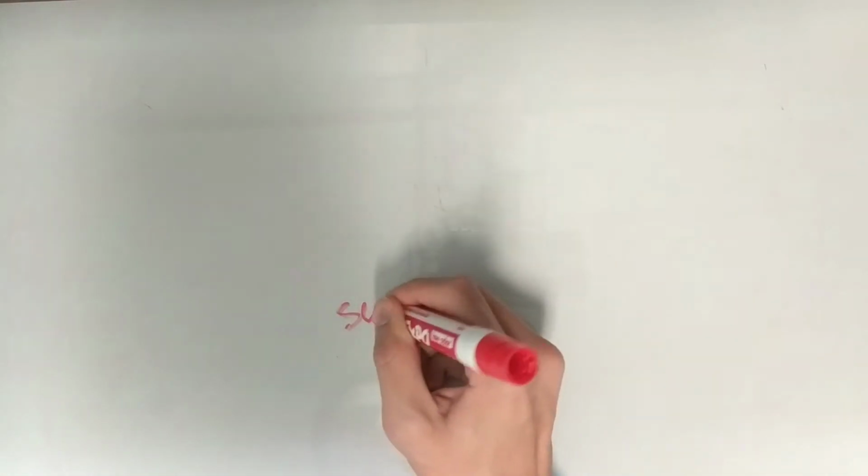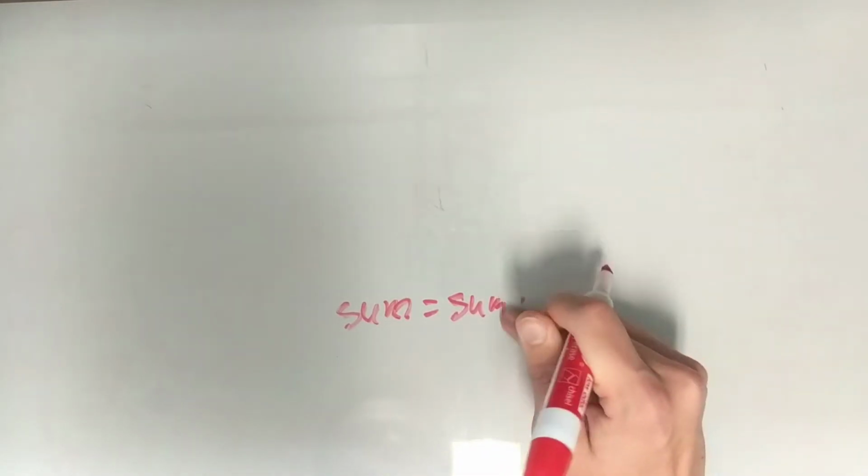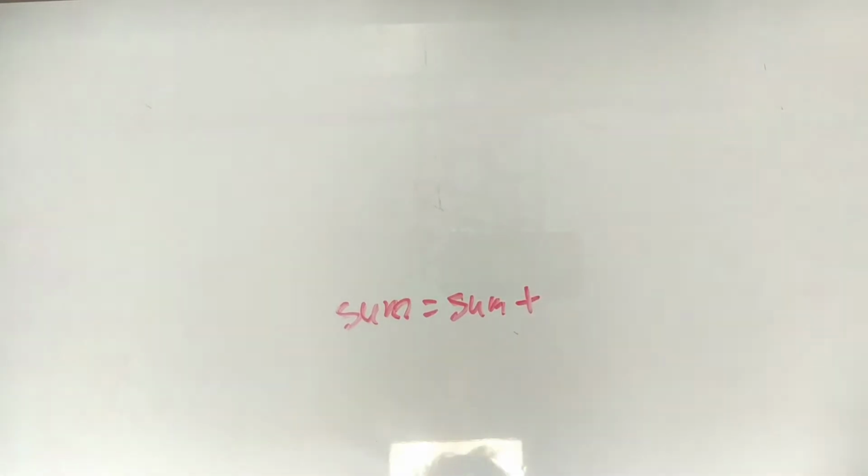Now problem 7, again, problem 7 has a really great example in the pages that you've been provided. But I'll just remind you that to sum, you want to do like sum equals sum plus, and then whatever you're going to use for this function.